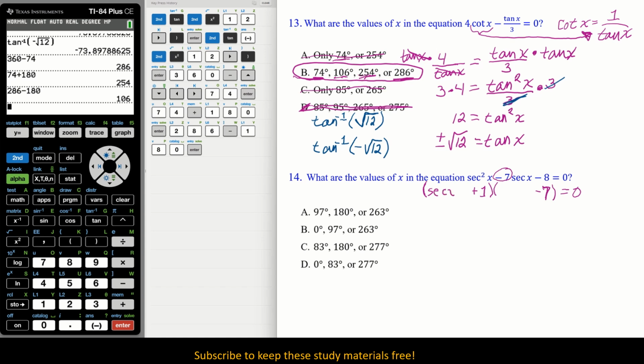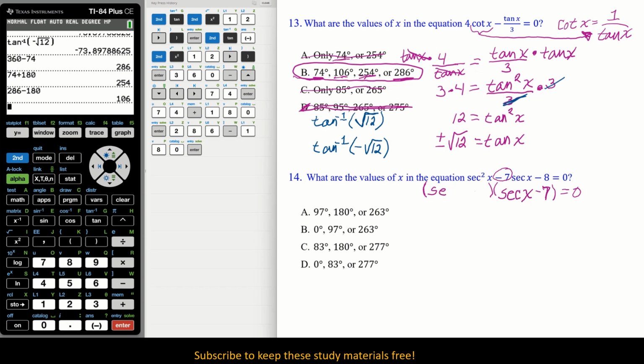So, secant x plus the 1 and secant x minus, okay, here, now, let's see. Delayed reaction with my computer, always nice. Okay, there we go. All right, I can write this a little clearer so we see what's going on.